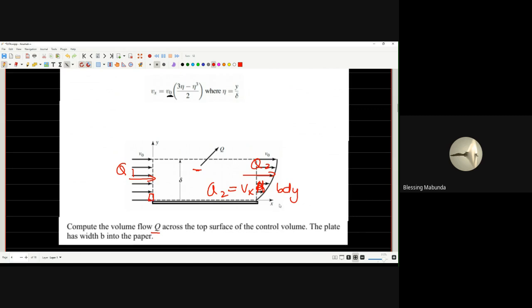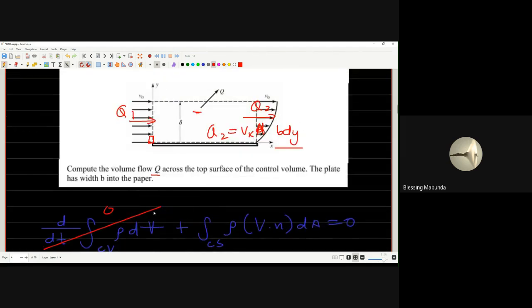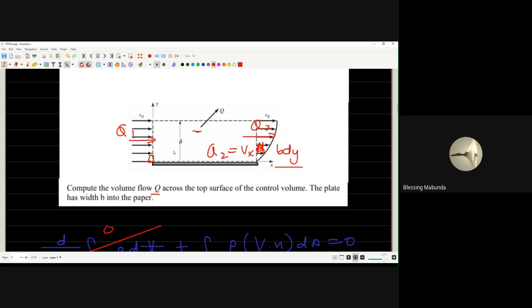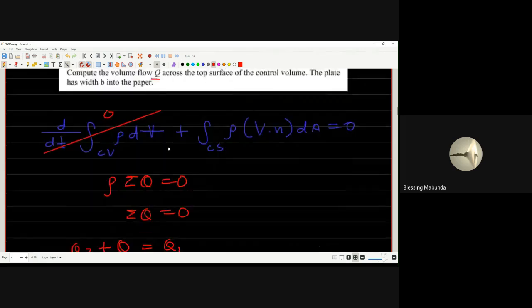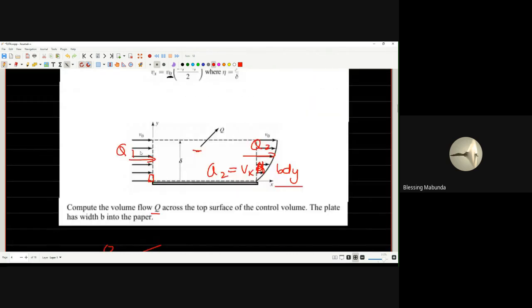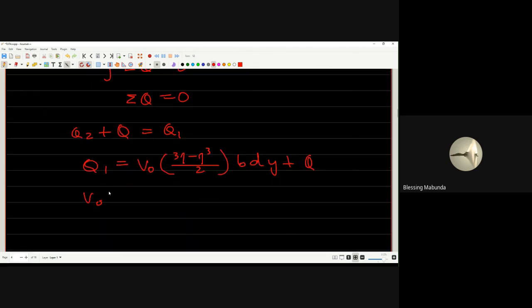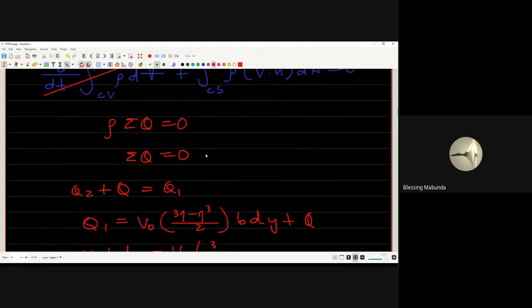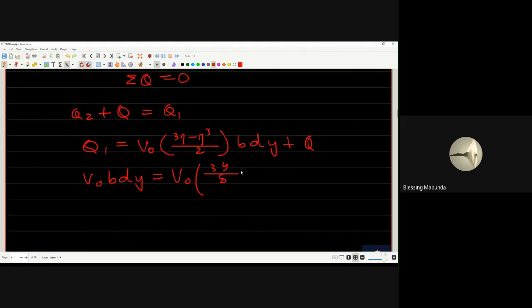So this is going to occur independently of the kind of profile you're looking at, simply because we want to use it across that entire face. So this is V naught multiplied by B dy. And this is V naught times, in the place of eta, we have 3 y over delta minus y cubed divided by delta cubed.